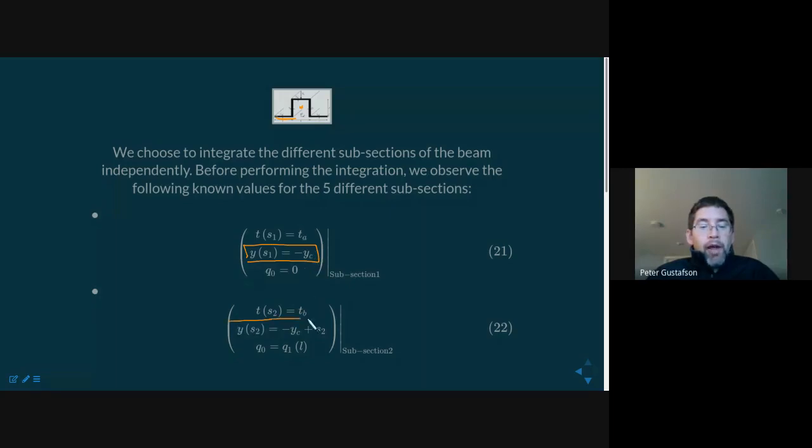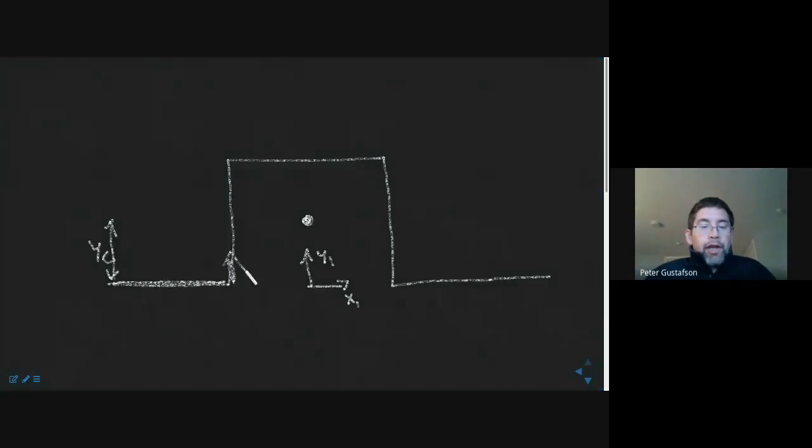Okay, so that's where the yc came from. This one, we were running out of time. I didn't necessarily make that super clear, I don't think, last time, so I'm going to clarify it again. Here we're defining our new coordinate system, S2. So S2 starts at this location here. It lives in each of these two coordinate systems, and relative to the centroidal location, we're down minus yc, and then we add to it any distance S2.